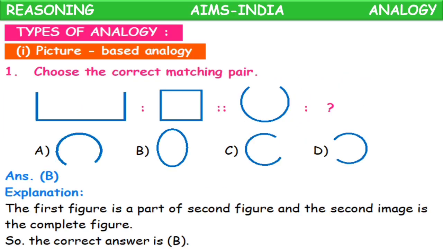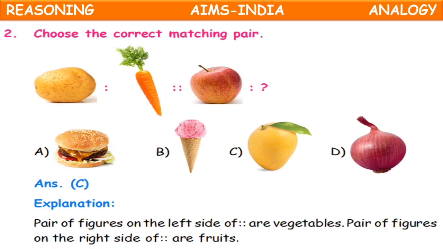Let us say, for example, here we are comparing a potato and a carrot together. Are these both same? No, but they are similar. Similar in what way? They are similar in the way that both of these are vegetables.